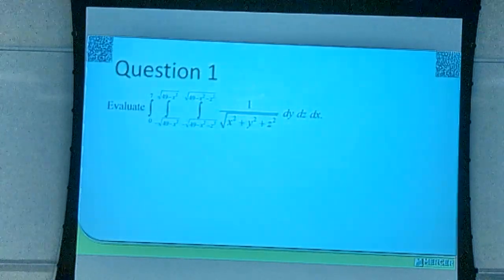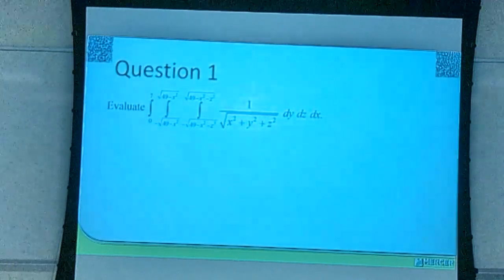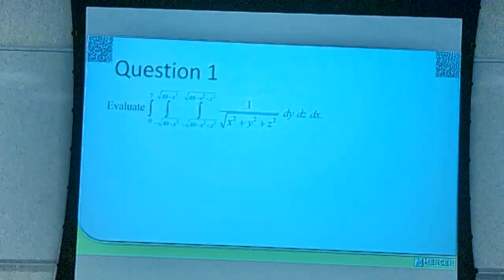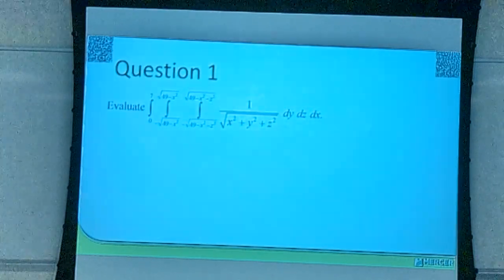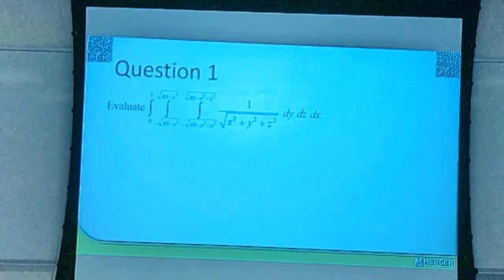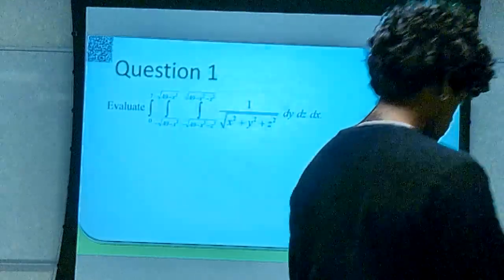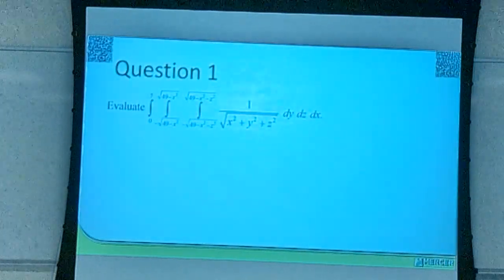Alright, so let's evaluate this. Oh, Jesus. But you should notice that this cannot be done in Cartesian. So now the question is, do we want to switch to spherical or cylindrical?